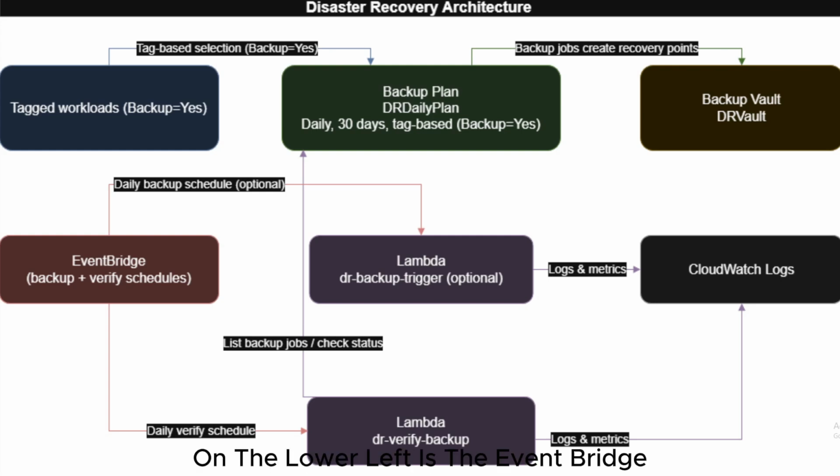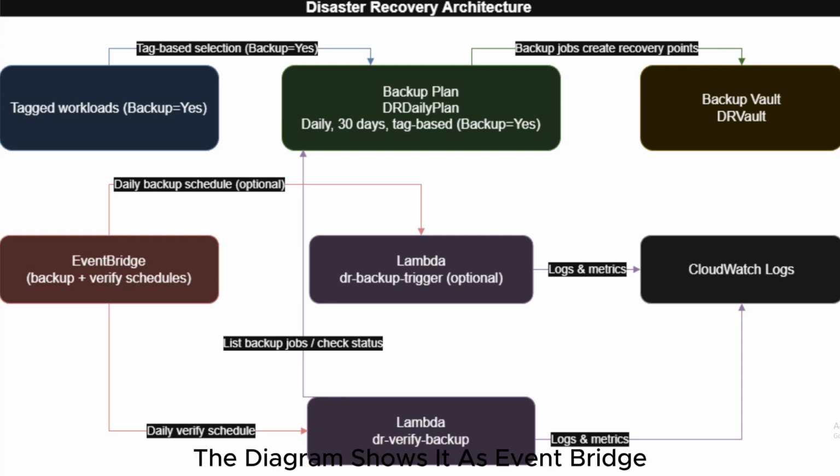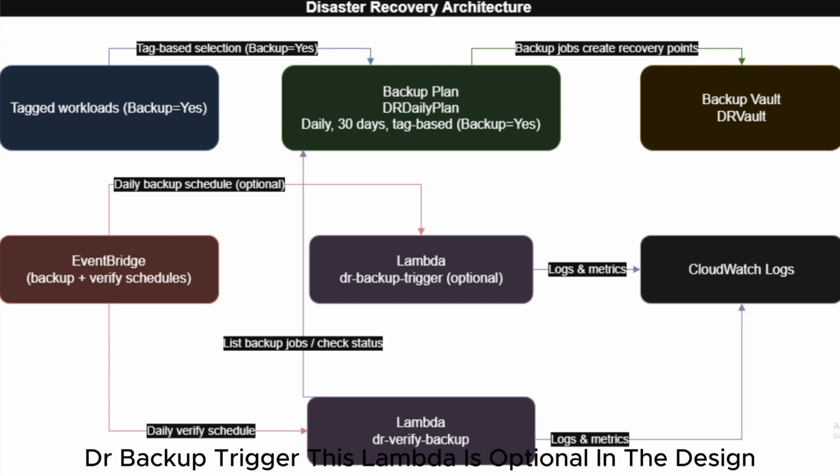On the lower left is the EventBridge, which handles scheduling for the Lambda functions. The diagram shows it as EventBridge backup plus verify schedules, because it can drive both backup triggering and verification on a cron-like schedule. The arrow labeled Daily Backup Schedule Optional points from the EventBridge to the first Lambda, DR Backup Trigger.